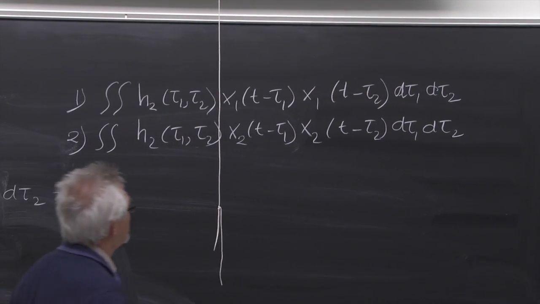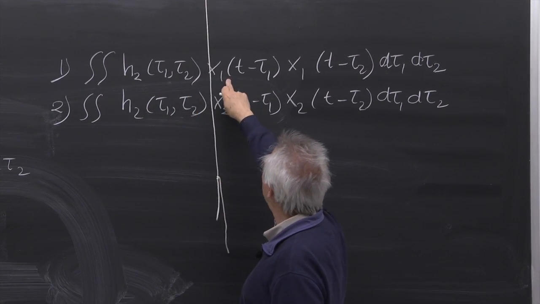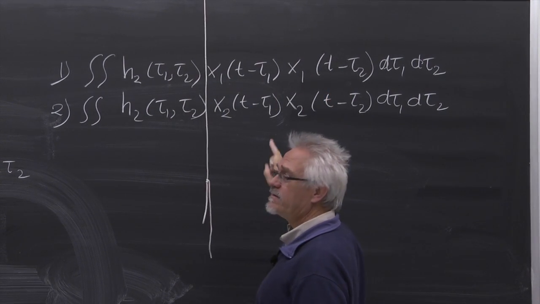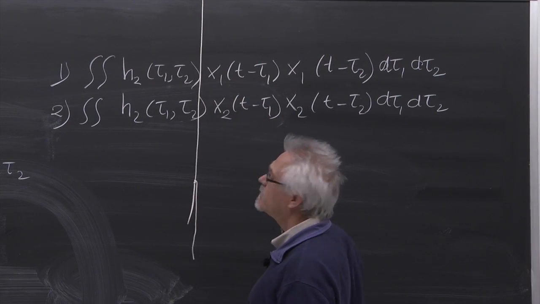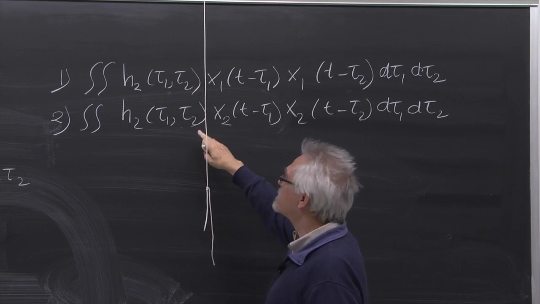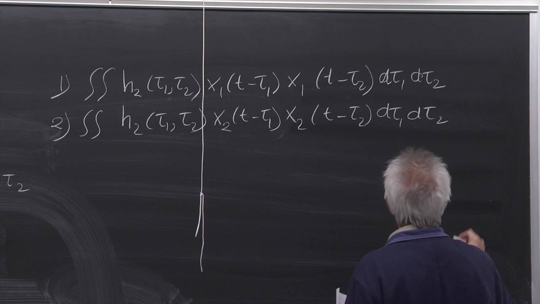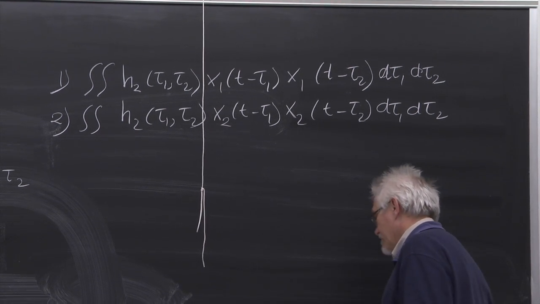Check it with me. This is the H2 function convolved with x1 at 2 delays. So that is basically the output of the system to input x1. And for the same reason, this is the output of the system to input x2. So you could write it in short notation like this.